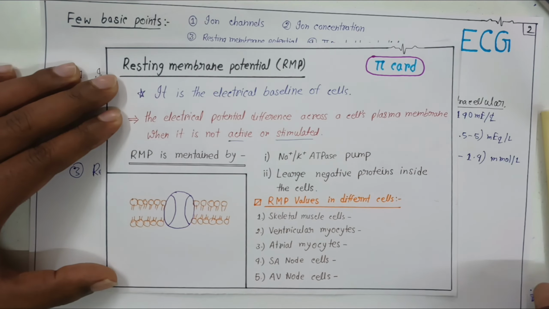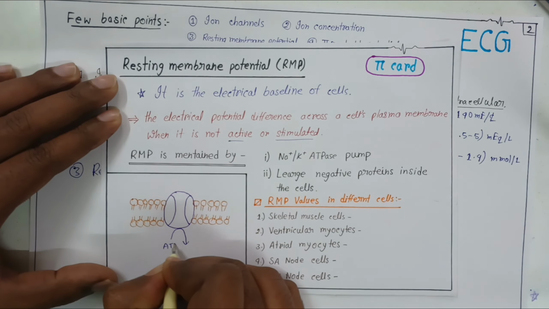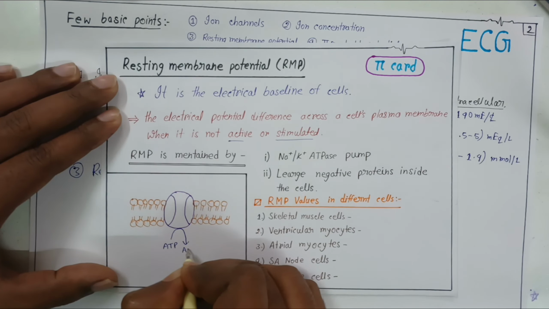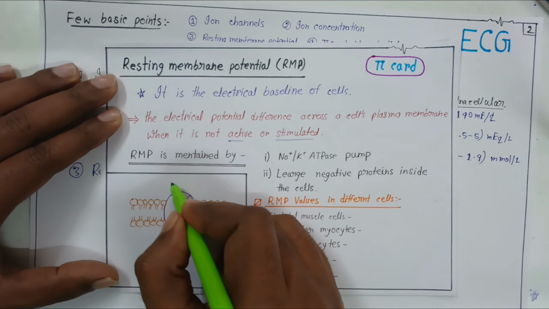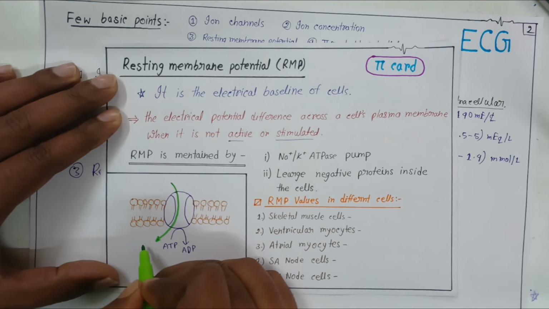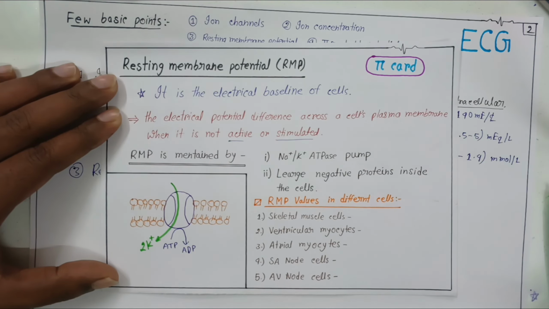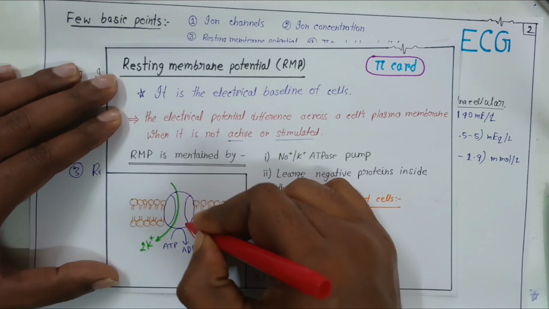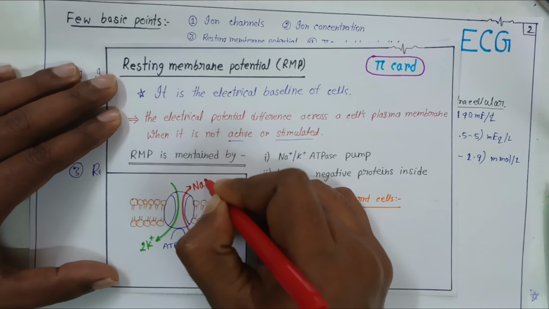That means it uses ATP and converts it to ADP, and with this energy two potassium ions get in and 3 sodium ions are lost from the cell.